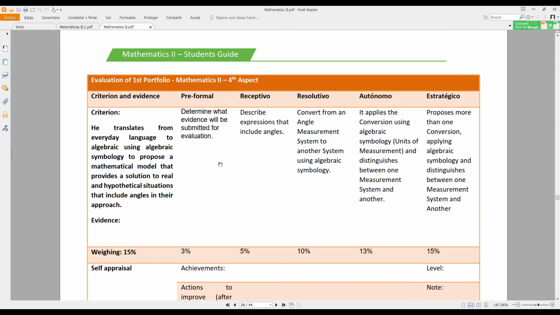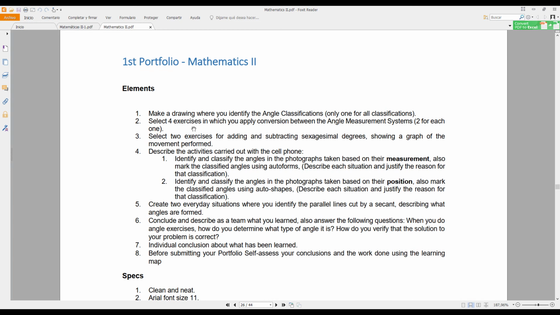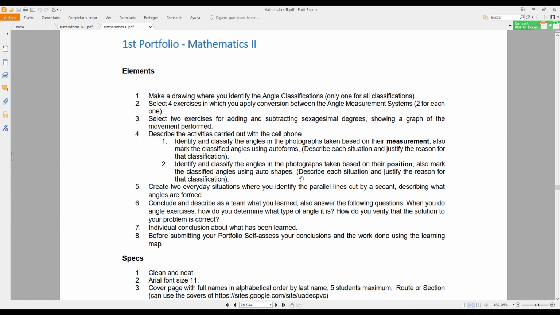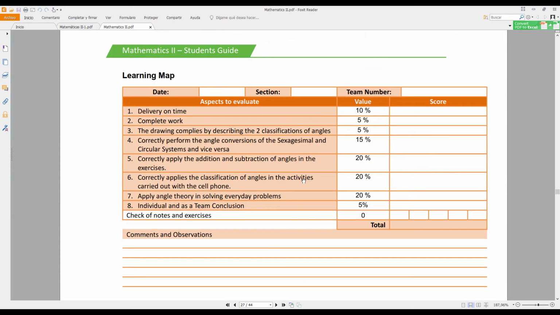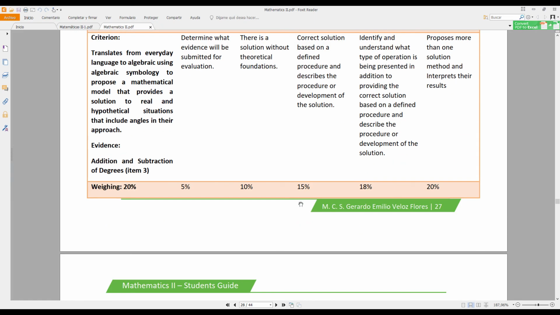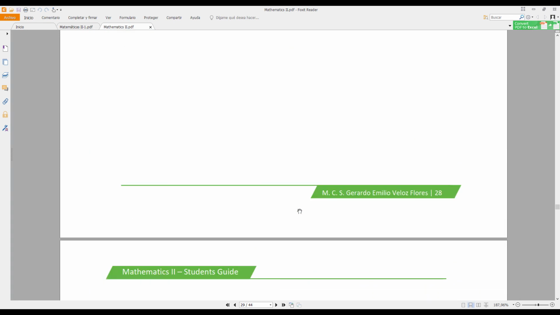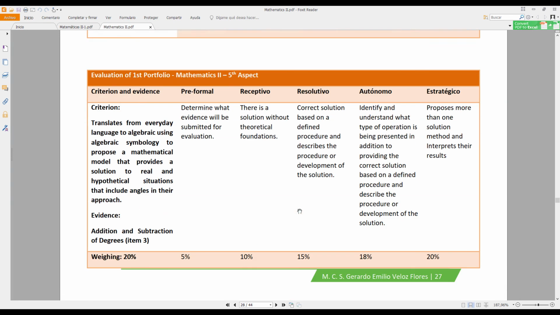For example, this is the aspect, element number 2, the exercise where you apply conversion between angle measurement systems, between degrees to radians and radians to degrees. So check those tables first before you send me the work.